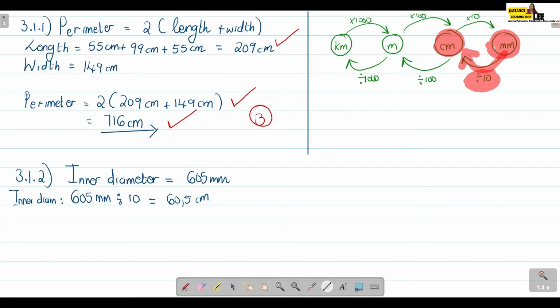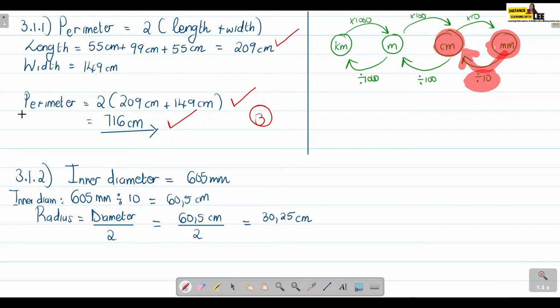So the radius is equal to the diameter divided by 2. Since our diameter is 60.5 centimeters, we divide that by 2 and find this is equal to 30.25 centimeters. That is our radius.